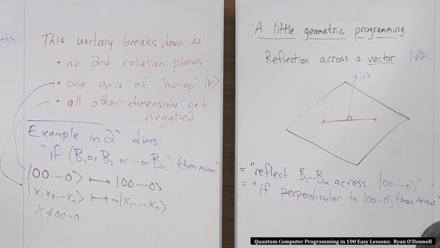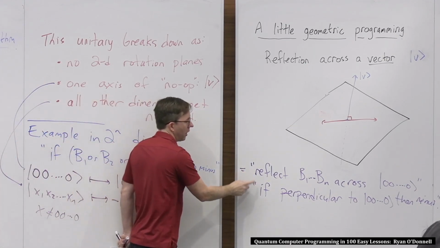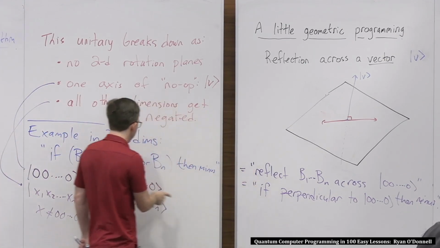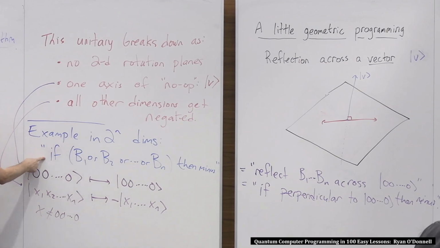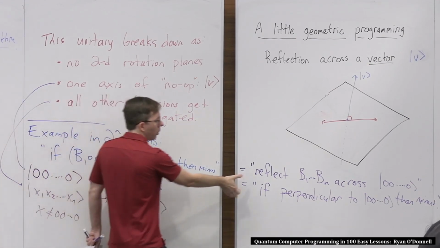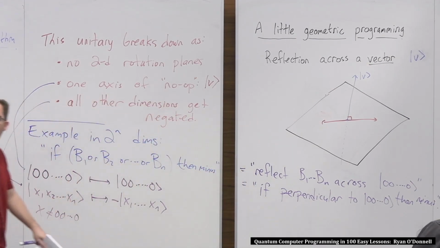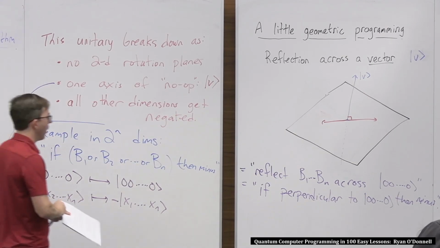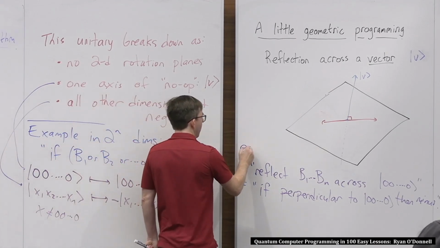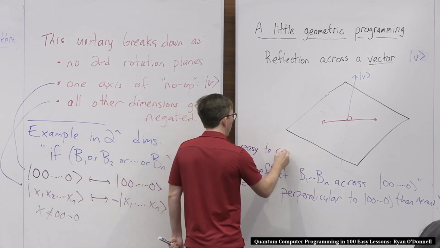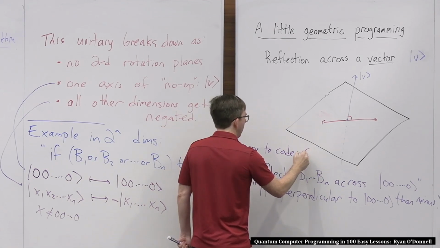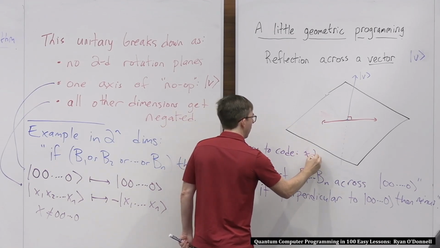Okay, so these expressions in quotation marks are two maybe geometric ways to think about this quantum operation. And the main thing I want you to remember is that this quantum operation is easy to program. And so we can program this kind of geometric operation ourselves. I'll even write that here. It's easy to program. I think it's around 2n instructions.